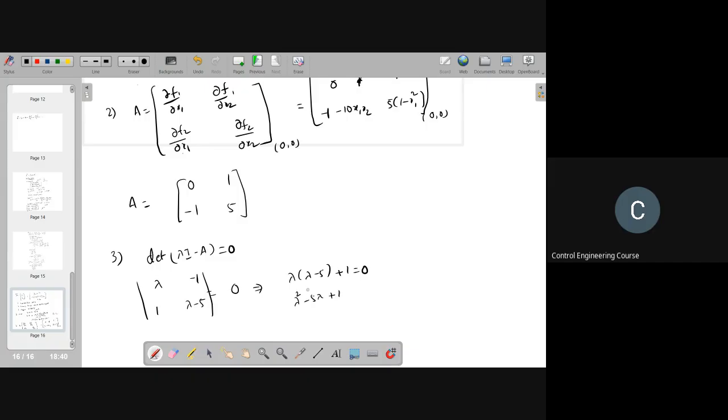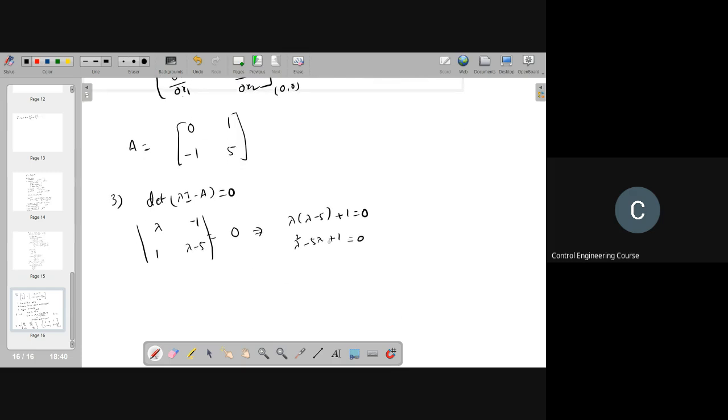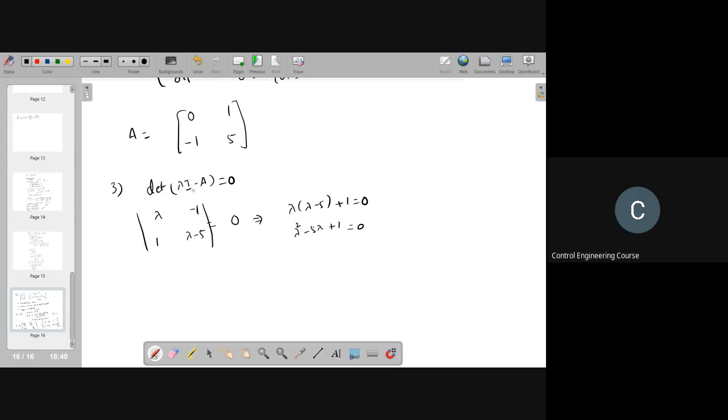So the eigenvalues, the roots of this lambda equation, are lambda equal to minus b plus or minus root of b square minus 4ac by 2, that means 5 plus or minus root of 25 minus 4, by 2, which is 5 plus or minus root 21 by 2.